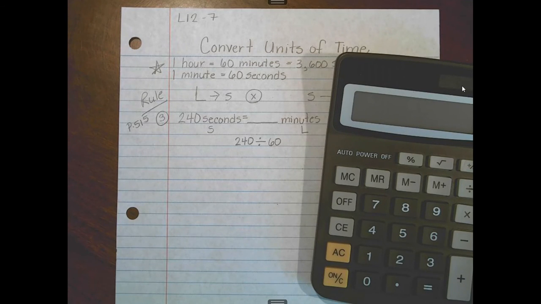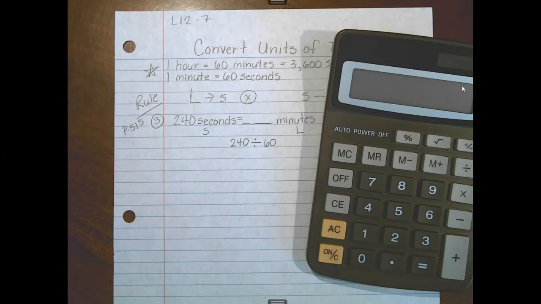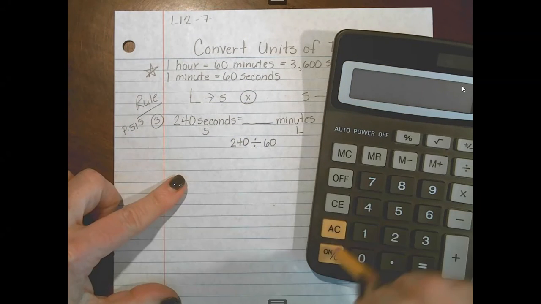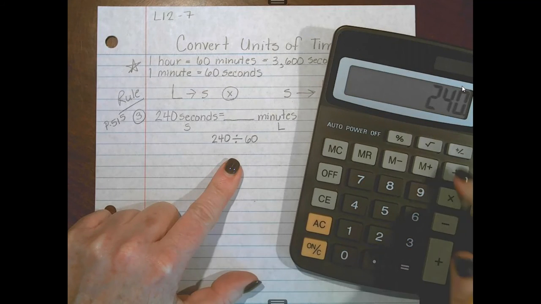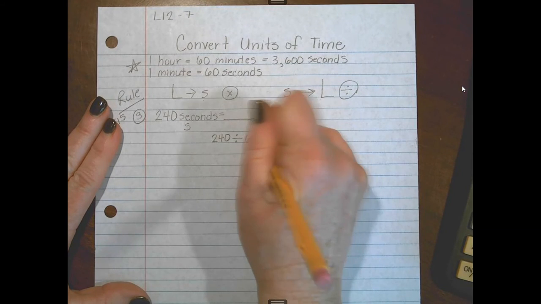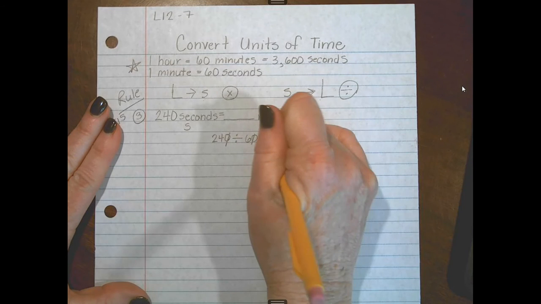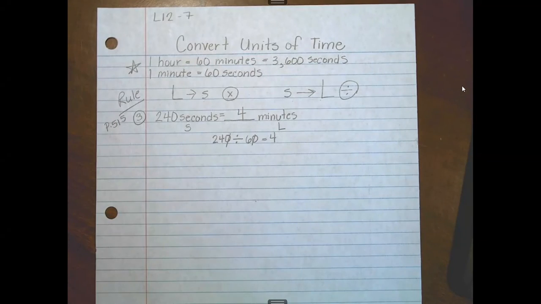I'm just using mine that I have here at home, showing my work using the calculator to help with the computations. So 240 divided by 60 is 4. Could have done that mentally because we know 24 divided by 6 is 4 and the zeros cancel out. So 240 seconds is the same amount of time as 4 minutes.